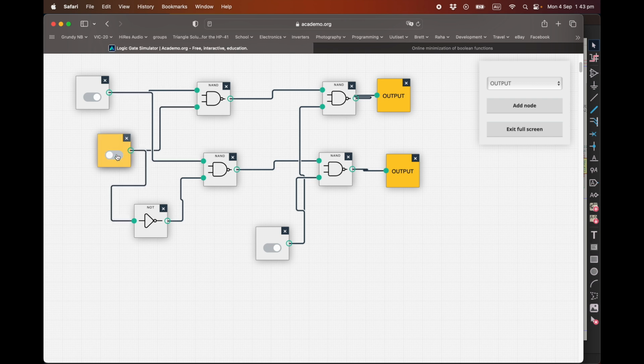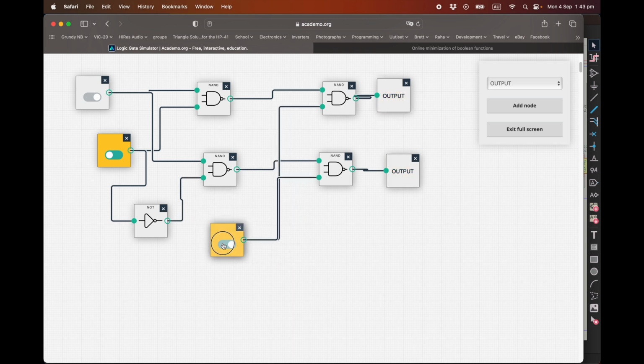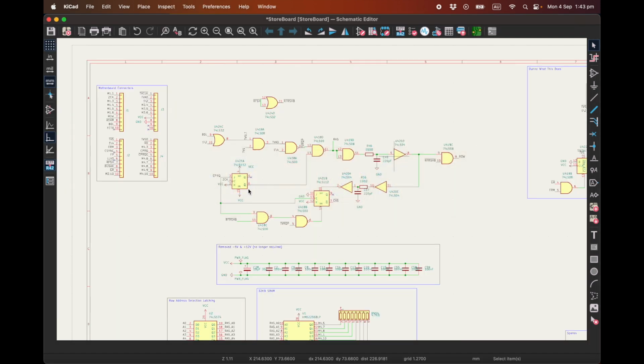Doesn't matter what A14 is. But then we have this value here. So yeah, it's entirely dependent on this one here. It seems too simple.